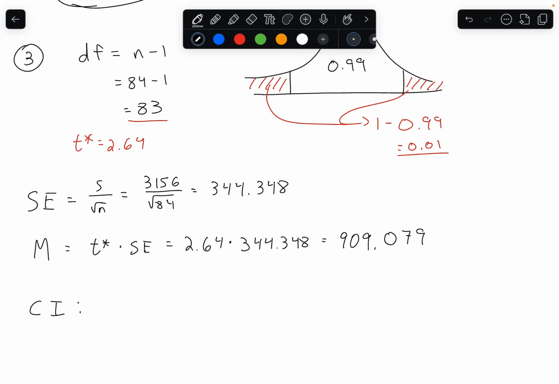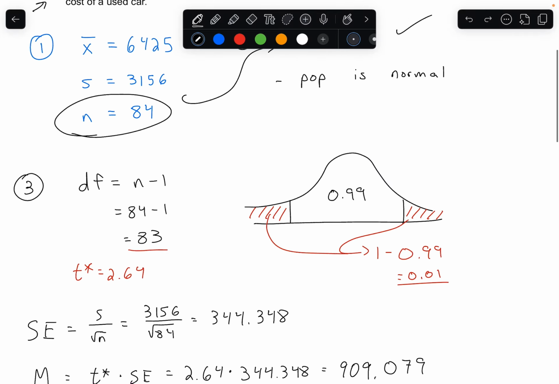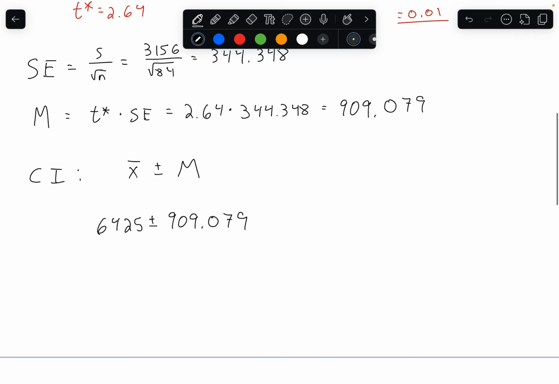So our point estimate will be our average mean, x bar, plus or minus whatever our margin of error is, and that is the number that we just found over here. So our sample mean x bar is $6,425, $6,425 plus or minus m, that would be 909.079.